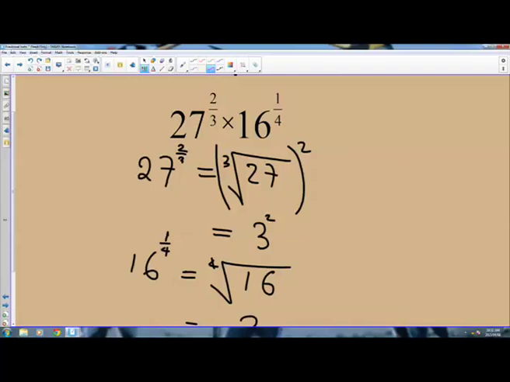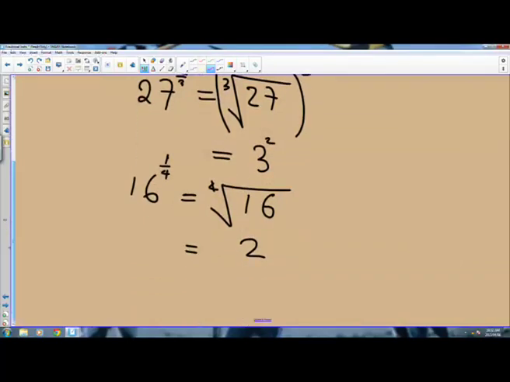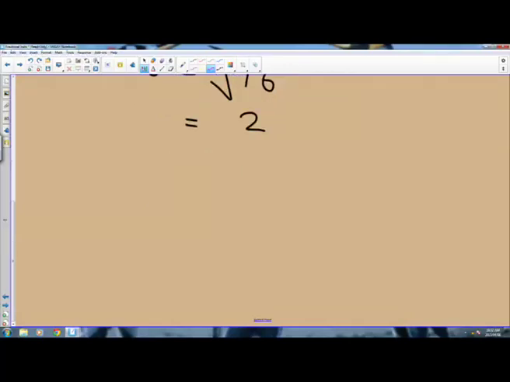Now, we have evaluated what 27 to the power 2/3 is, and we found that to be 3 squared. That is, 27 to the power 2/3 times 16 to the power 1 over 4.